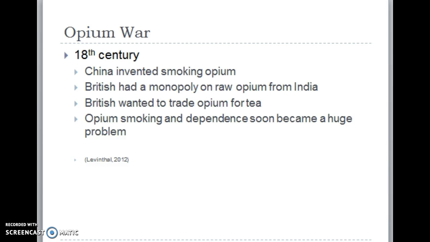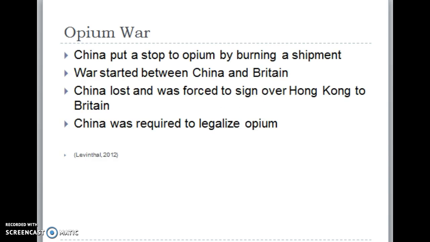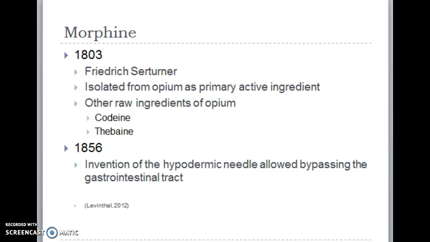Then the Opium Wars in the 18th century, a lot of history from the British, China, India, bringing it back to Britain. It also resulted in China losing Hong Kong to Britain and causing China to legalize opium in their country.